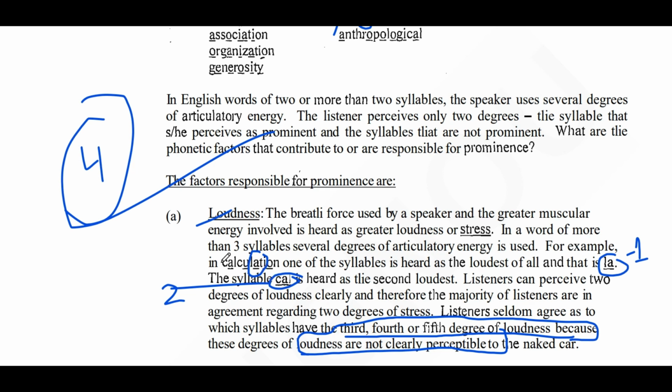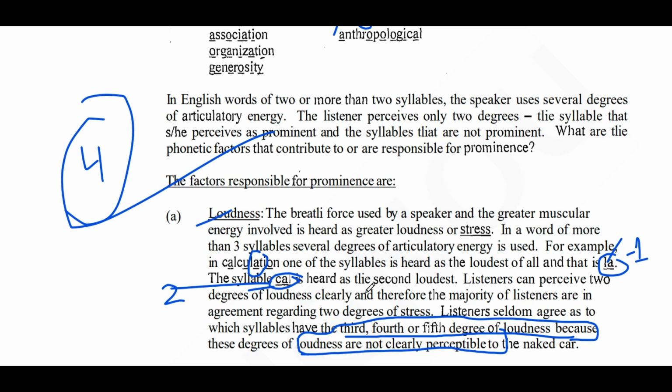So for example, in this word calculation, the most prominent part is "la", and then the second most prominent part is "ca", and then the rest of these syllables are not so prominent.